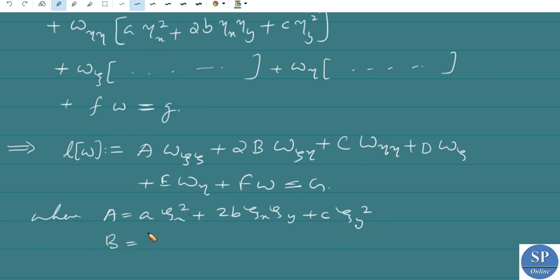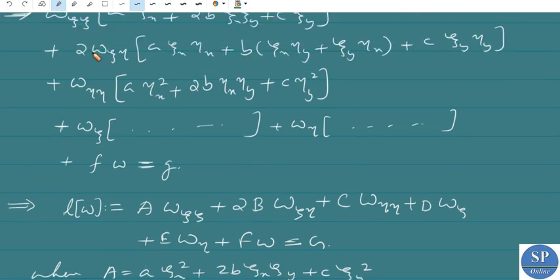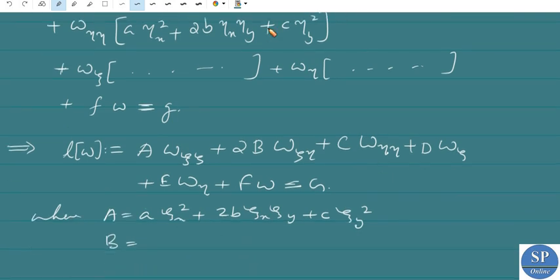B is equal to the coefficient of w_ζη, which is 2 into this. Okay, the coefficient of w_ζη is 2 into this, so we can write this.